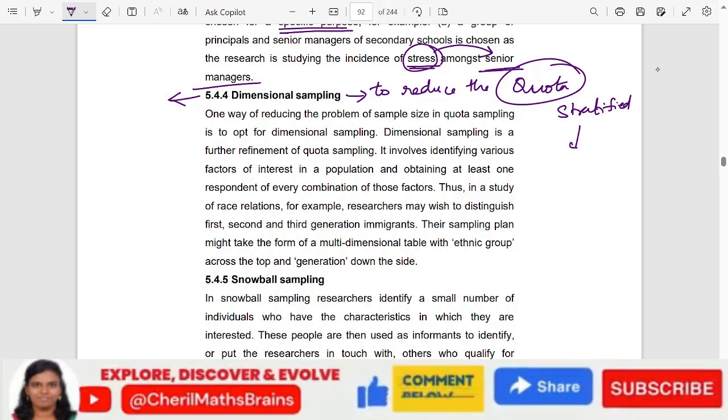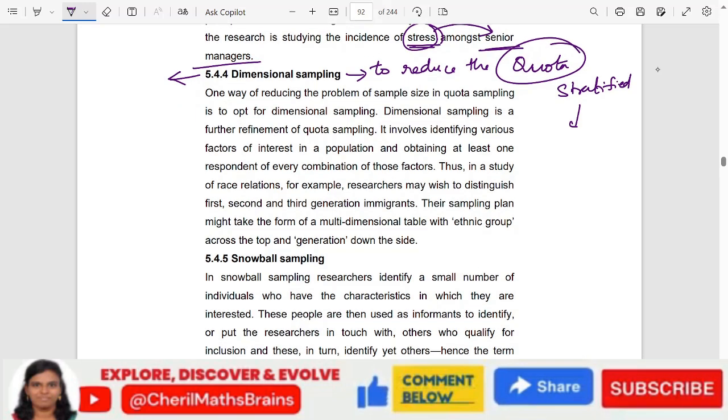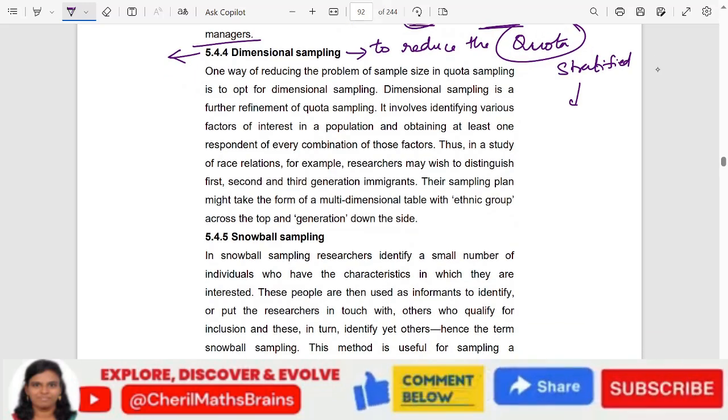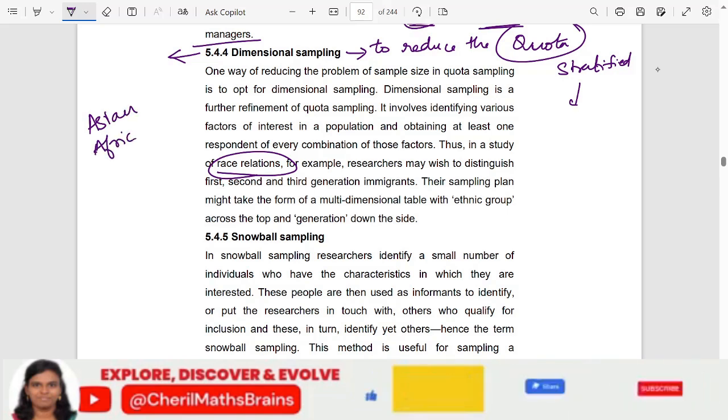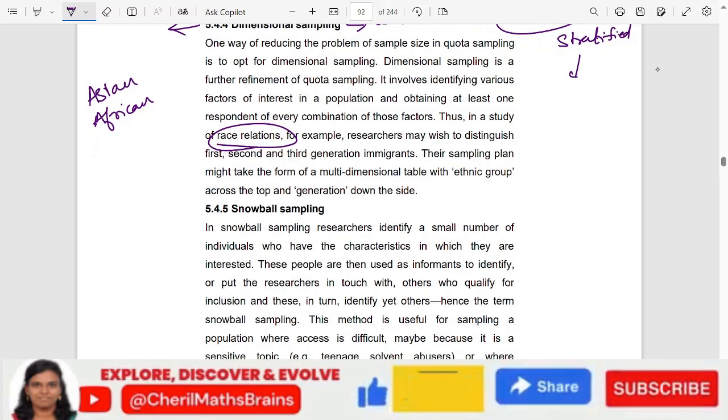For example, you need to do a sampling wherein you are going to look at particular race relations. If people have come from Asian backgrounds or African backgrounds, and you are going to research all the African immigrants or all the Asian immigrants, you can't take everybody directly.